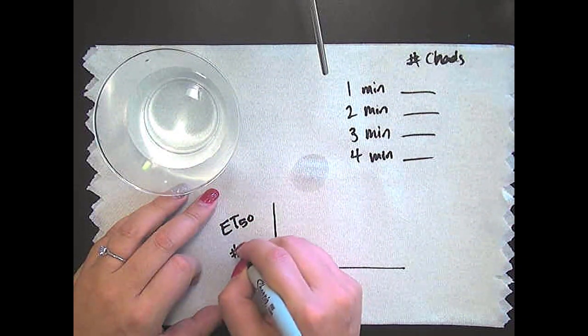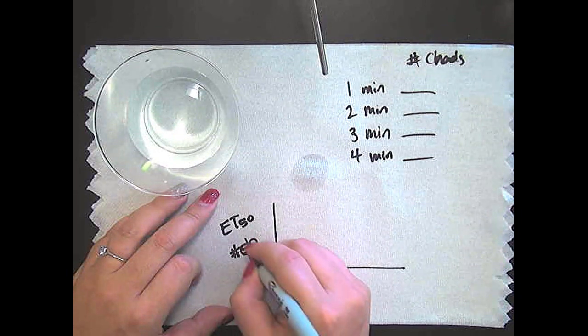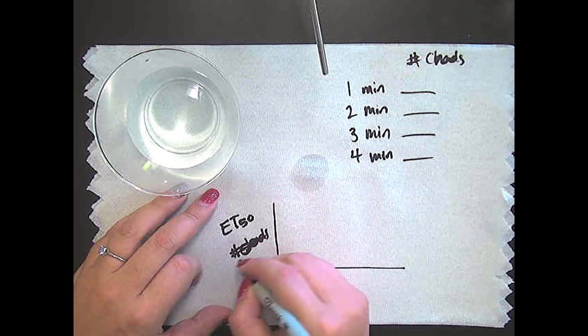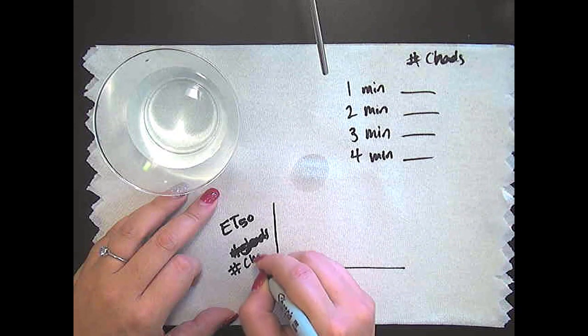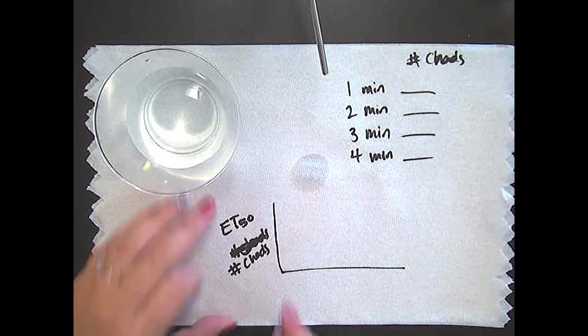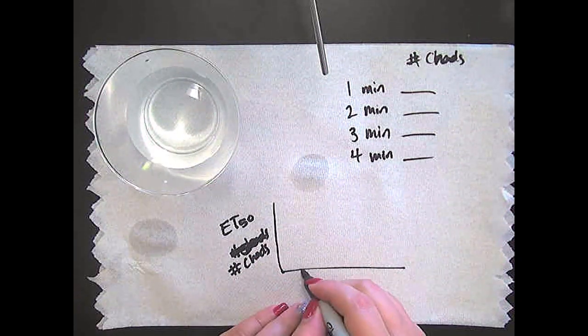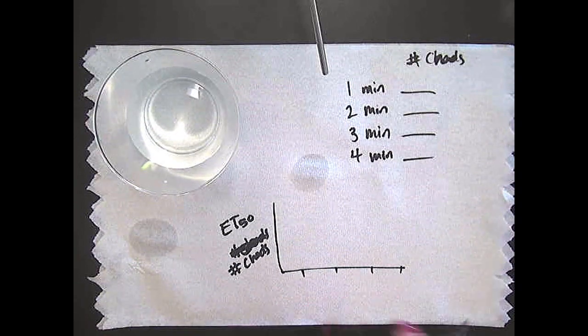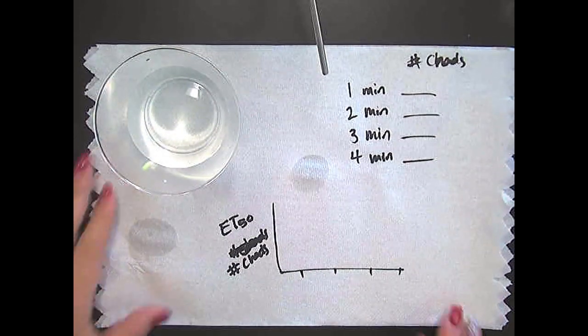Now your ET50 is the number of chads. Sorry, let's try that again. The number of chads is on your y-axis, and each minute is going to be your independent variable here.